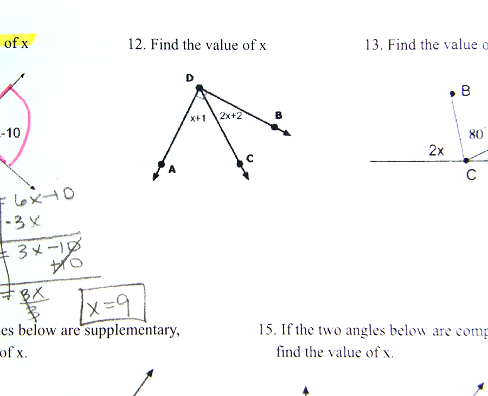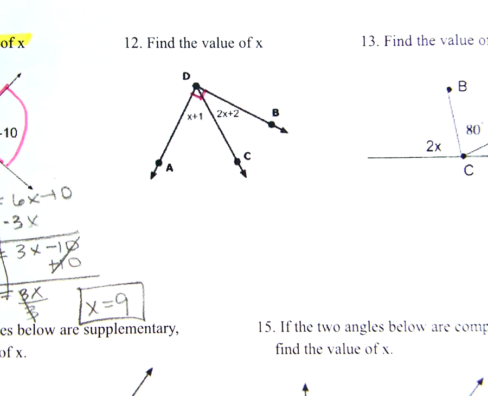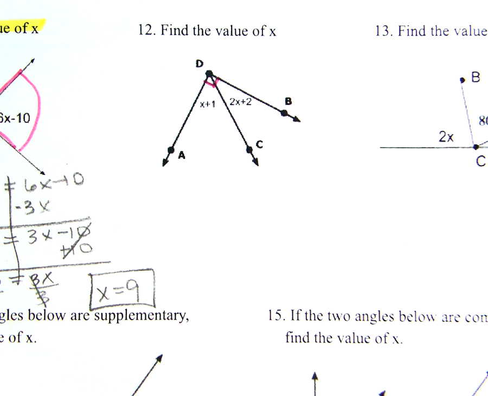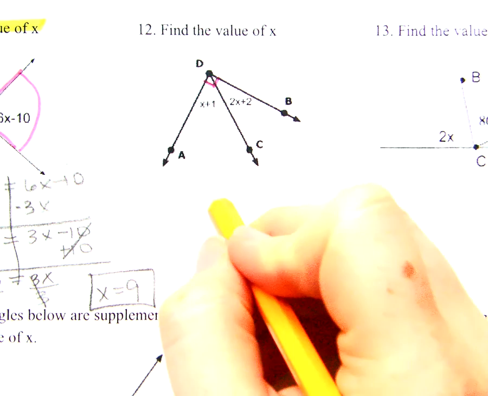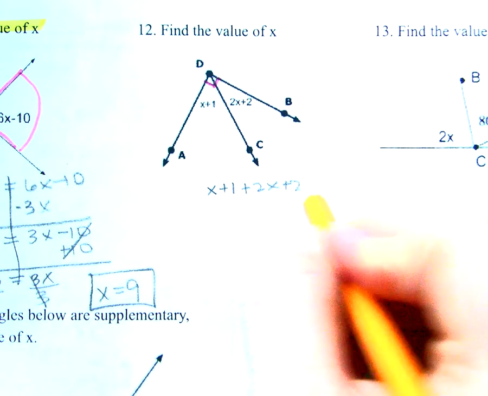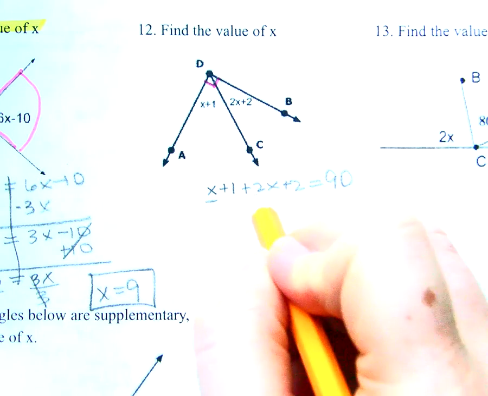Number 12, I'm seeing this mark right here telling me that together they're going to come together to make 90 degrees. So I can set up the angle relationship to say that x plus 1 plus 2x plus 2 is equal to 90. Then I can combine like terms.